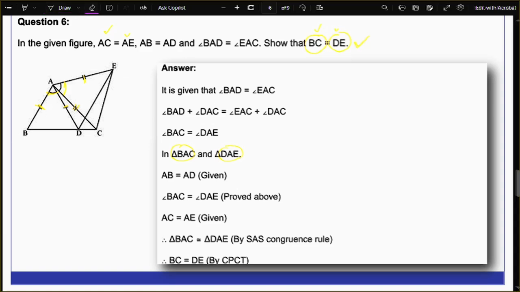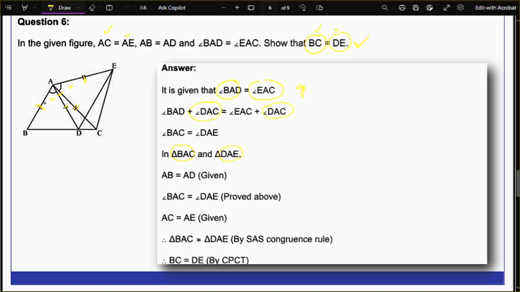Now here we can see that if I add DAC to both angles, we have been given that BAD equals EAC. It is given. Now I add DAC to both sides.